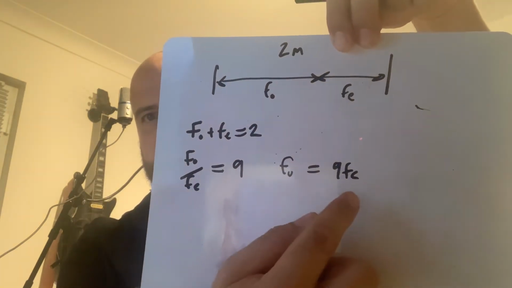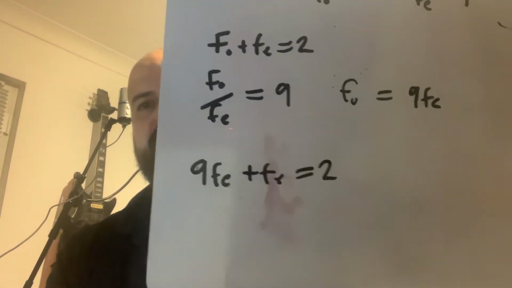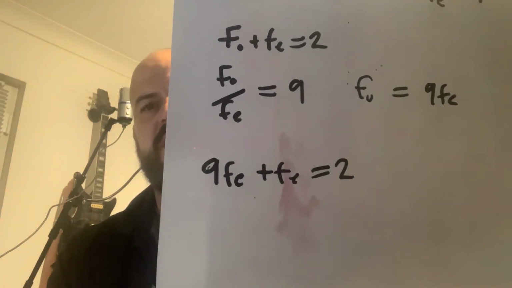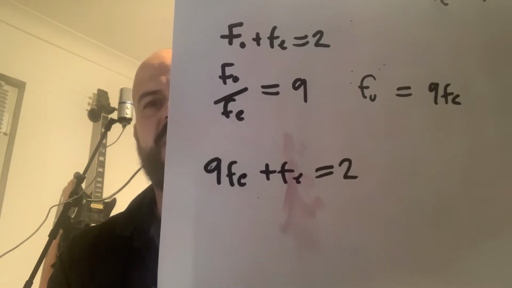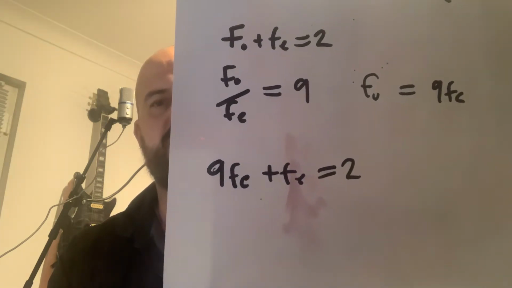I'll put that into the first equation, and that means that effectively I end up with 9 FE plus FE equals 2. And from there, you're all intelligent. If 9 FE plus FE equals 2, that means that 10 FE is equal to 2, and FE must therefore be 0.2. And that was option C, which was the right answer.